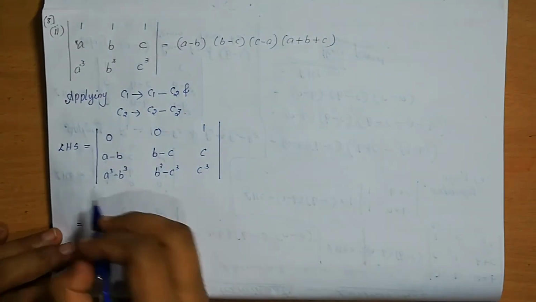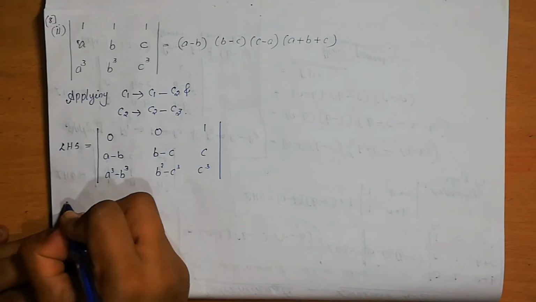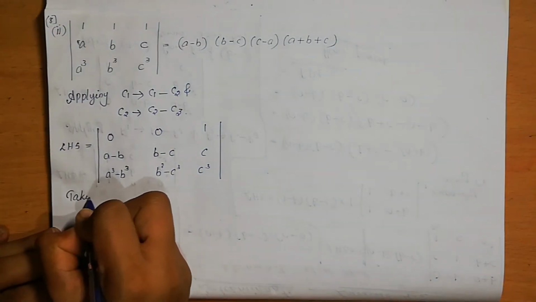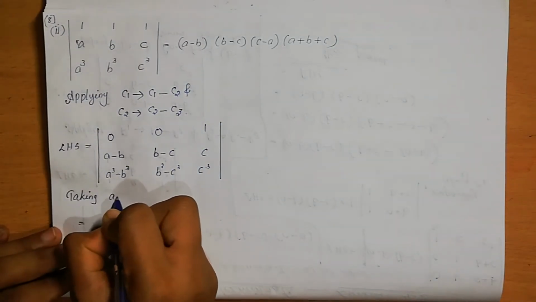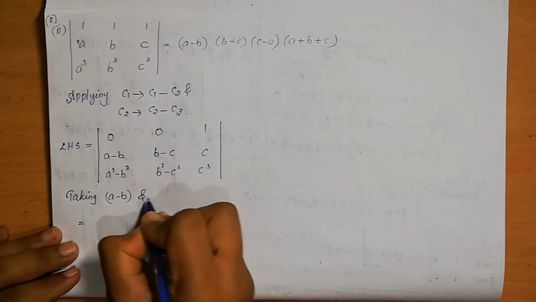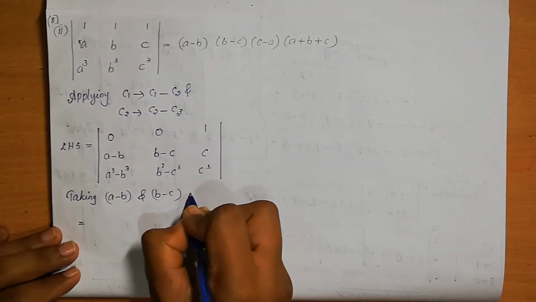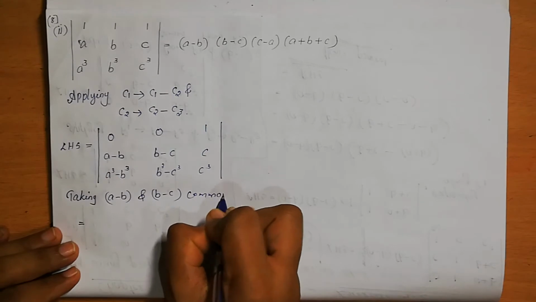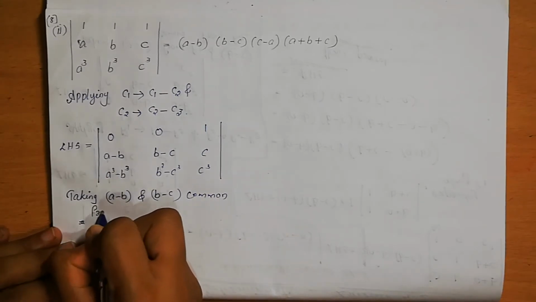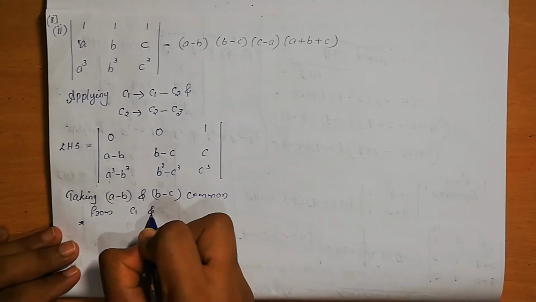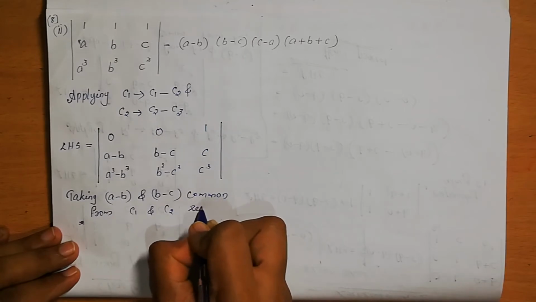So taking a − b and b − c common from C1 and C2 respectively.